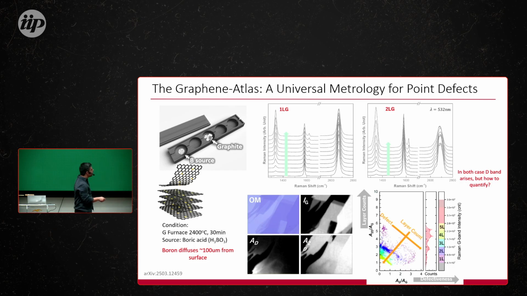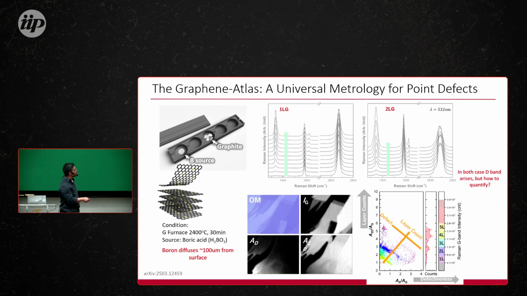So what we actually get is this kind of mapping, where you can see different colors, right? Each color represents a different number of layers. So in this direction we have the layer count, the number of layers in the system. And in this direction, what you have is the amount of defect density. So it increases in this direction.